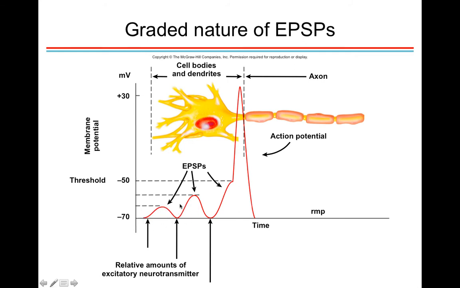And neither of these have made it to the threshold. But this third one, with more neurotransmitter, has enough depolarization to trigger an action potential because it hits the threshold of -50. Then an action potential could be fired, and this would have to happen, again, in the axon hillock, and then the action potential will be transmitted down the axon.